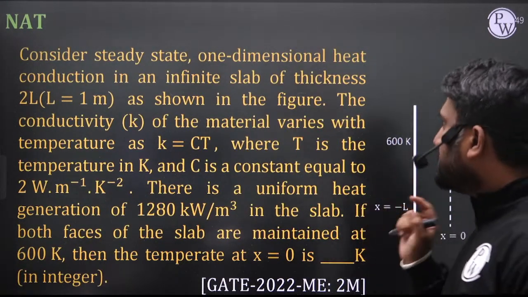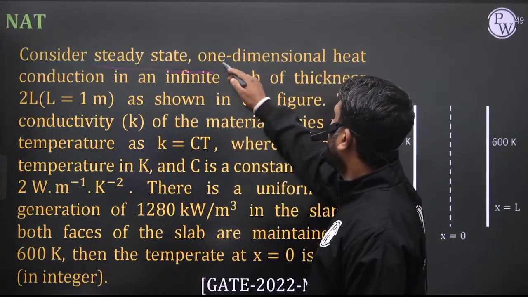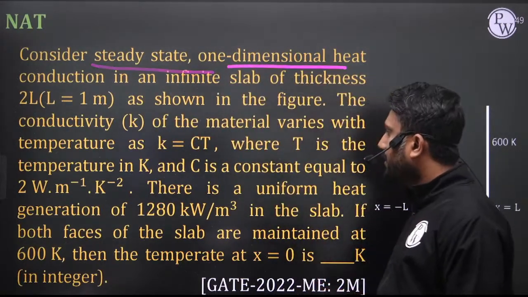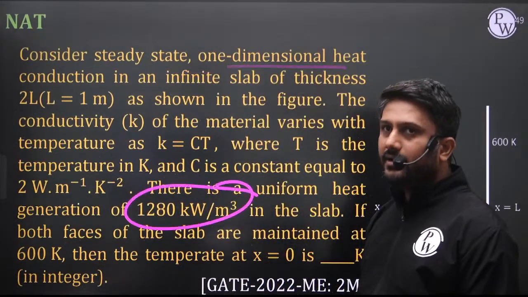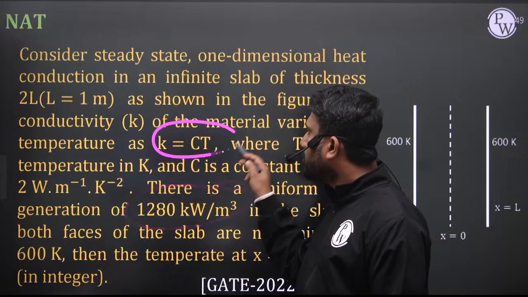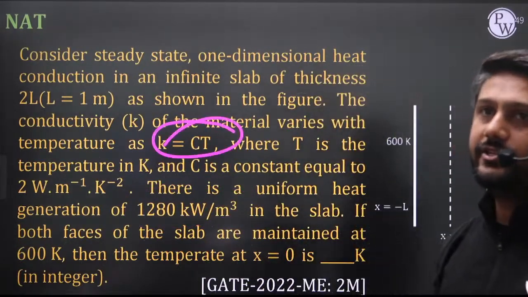But in this question, steady state is there, one dimensional is there, uniform heat generation is also there, but thermal conductivity is not constant. In this problem thermal conductivity is a function of temperature.